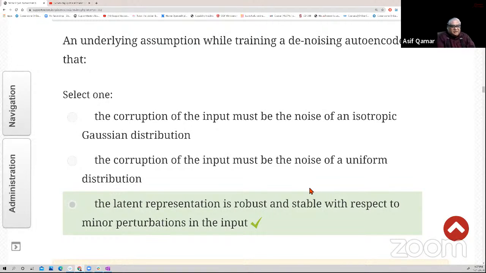See, autoencoders are great when they work. Training them has always been a bit problematic because they can lead to instability in the representation. Which is why you need to put in things to make them more robust.